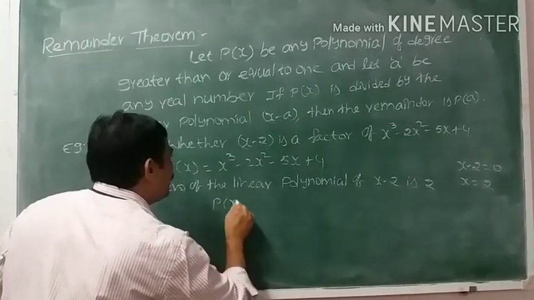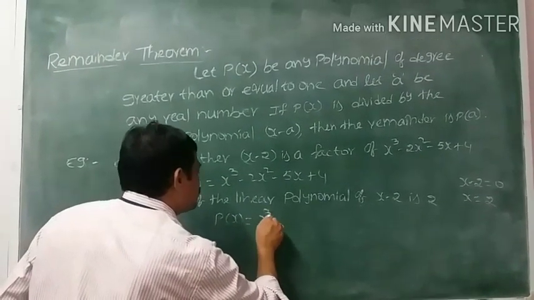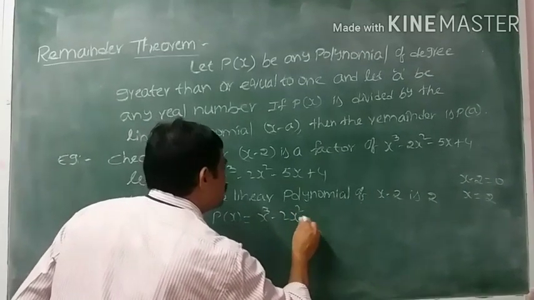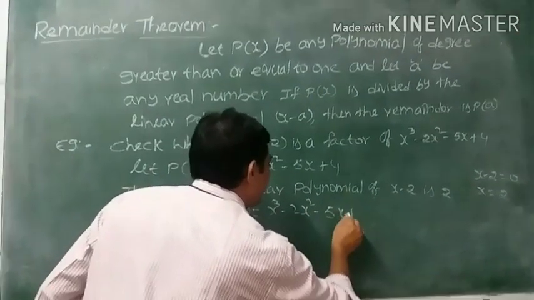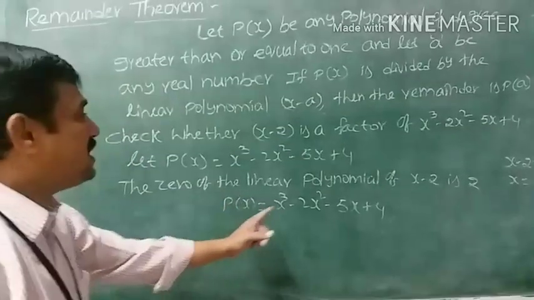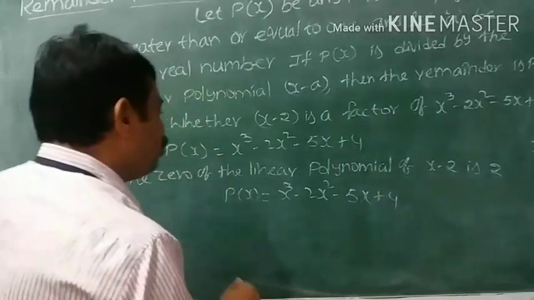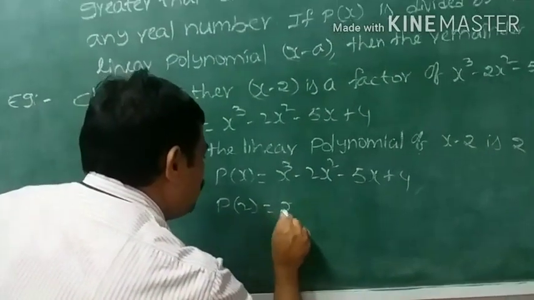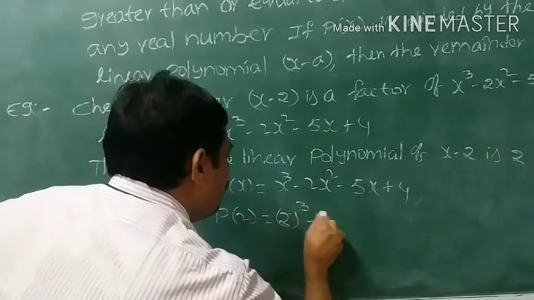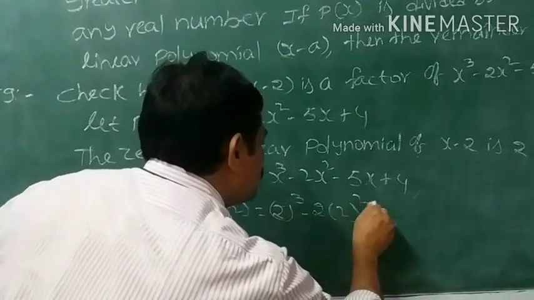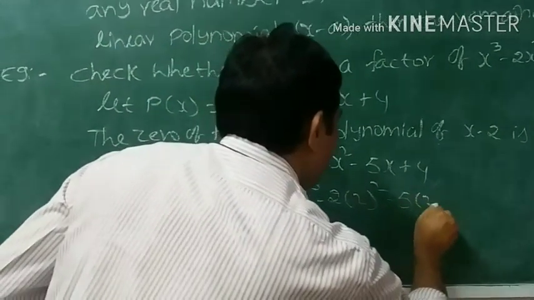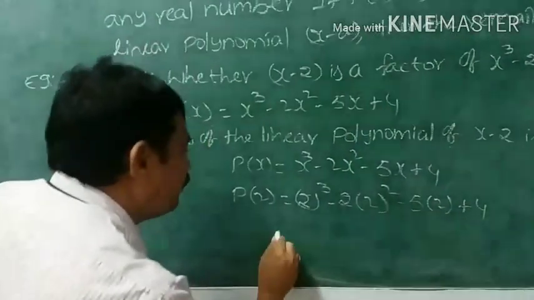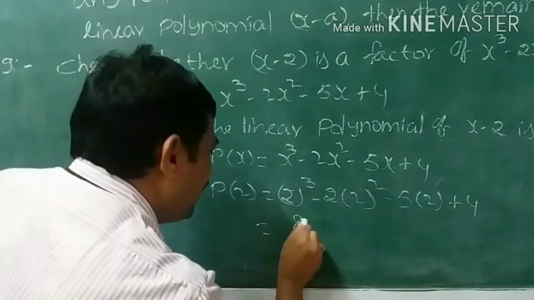Now p of x is equal to x cube minus 2x square minus 5x plus 4. Now in place of x what do we have to substitute? 2. Therefore p of 2 is equal to, in place of x we substitute 2: 2 cube minus 2 into 2 square minus 5 into 2 plus 4. Now 2 cube is nothing but 8.